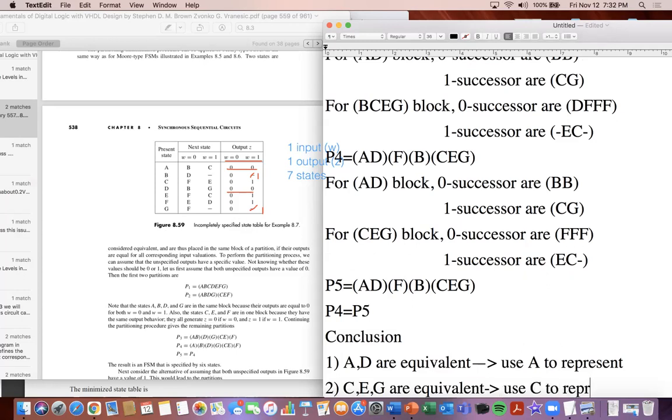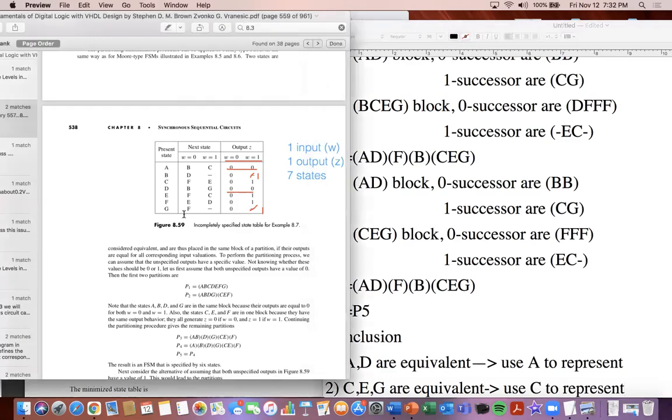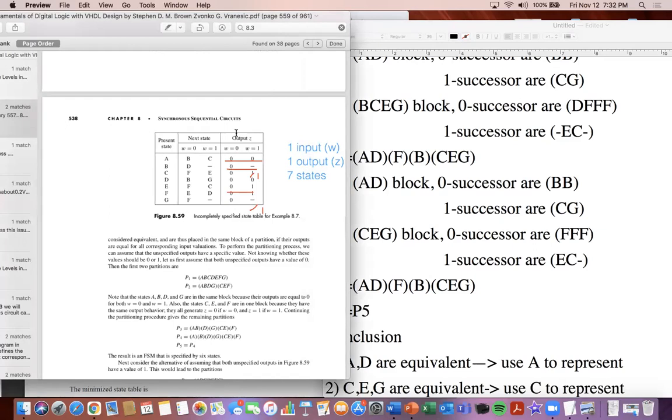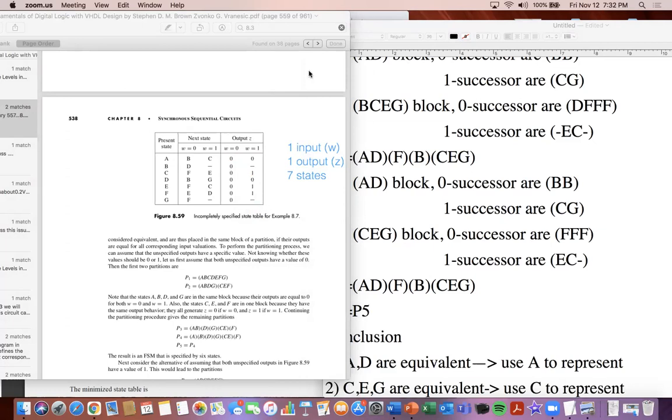Okay, now in our state diagram, what that means is here, let me clear this real quick. That's a little confusing. Okay, what we did again, we just put in one for this, and one for this for don't care. Okay, so since A and D are equivalent, we're only going to use A to represent. So we're going to take out D here in this column. Then anywhere we see a D, we're going to replace with an A here.